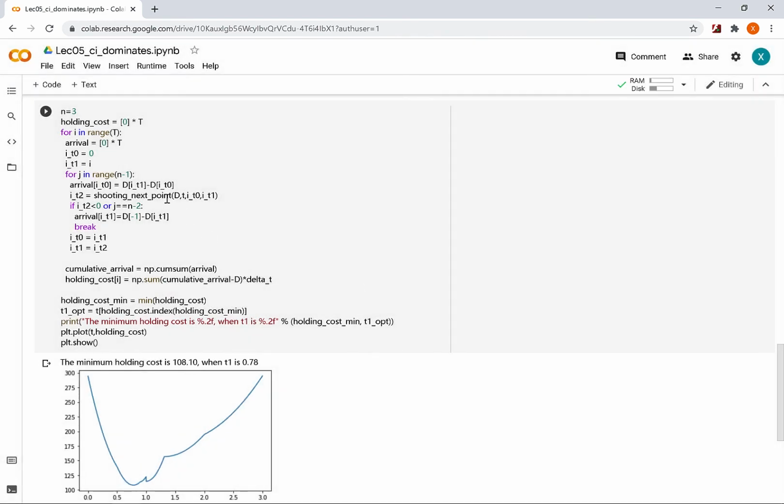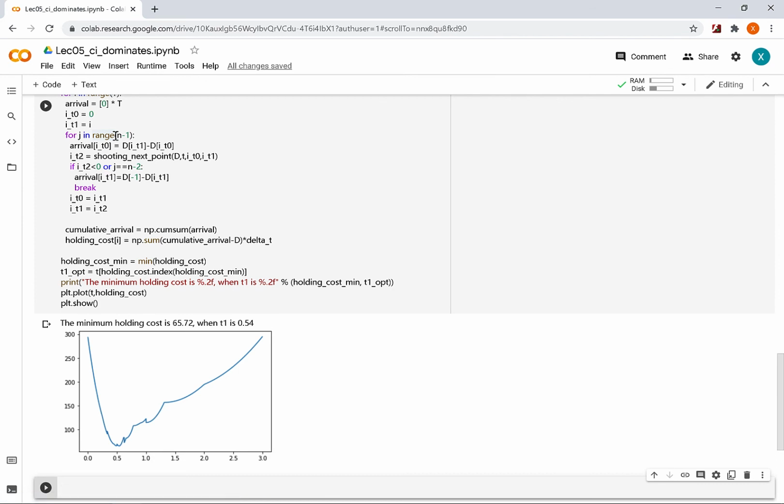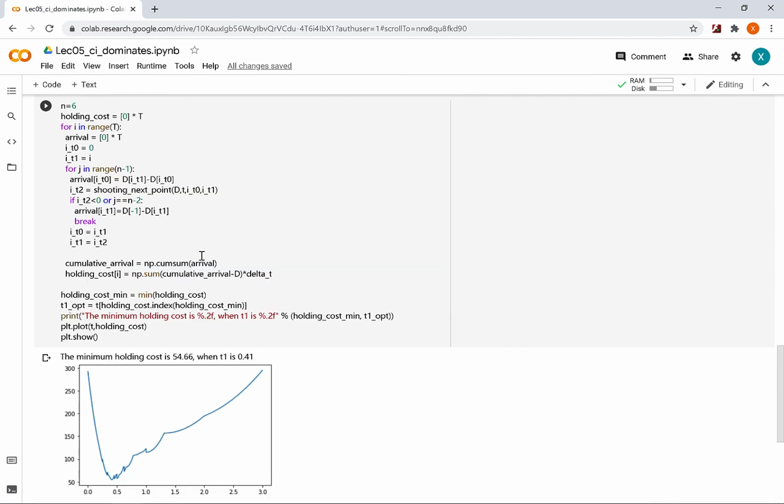You can see when n equals 3, the minimum holding cost is 100.8, which is larger. Let's say when n equals 5, it's even smaller. So you can see the holding cost will always decrease as the number of shipments increases. That makes sense. The trade-off of the total cost lies in the increase of the fixed cost.